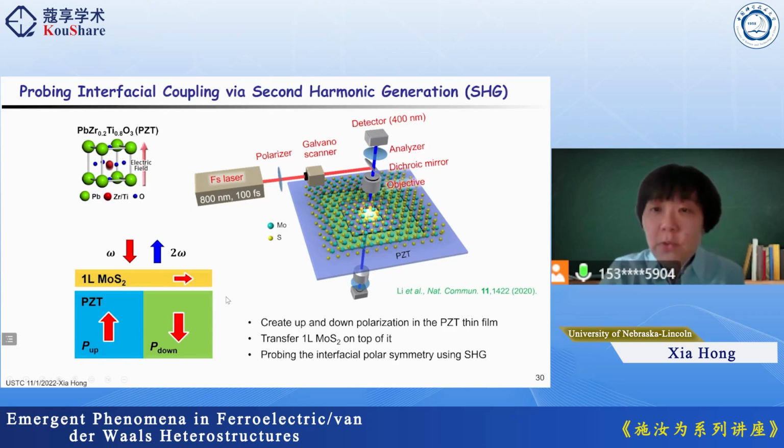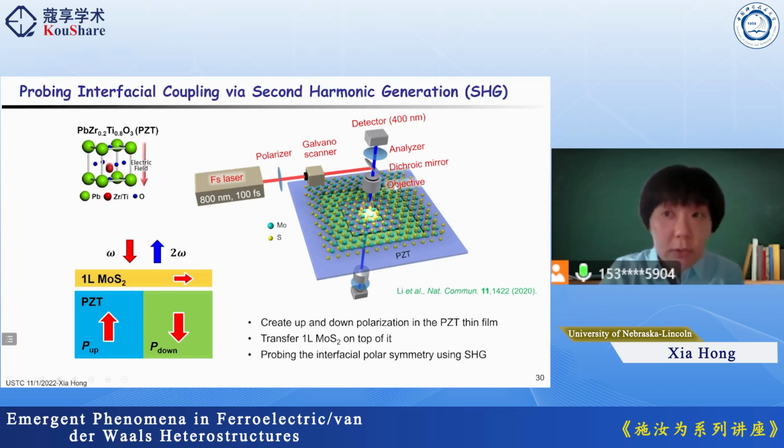So we carried out second harmonic generation. This technique is highly sensitive to symmetry breaking. We have incident laser in, and we try to detect the photons that have double the energy in the reflected mode.